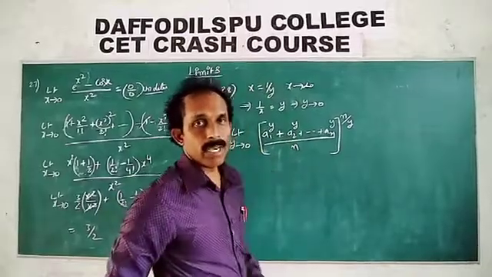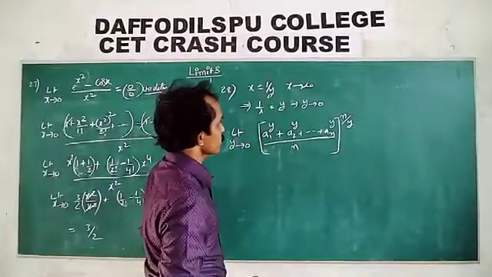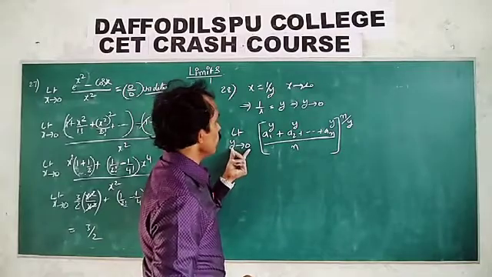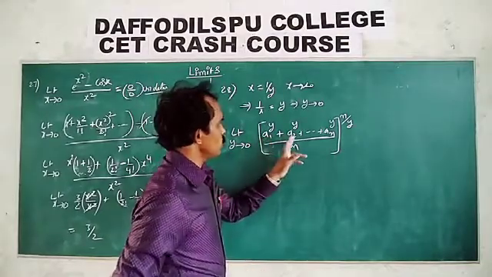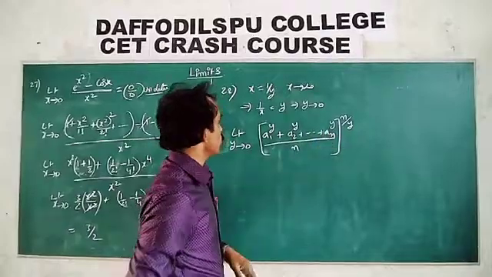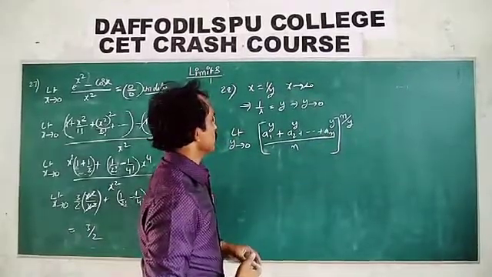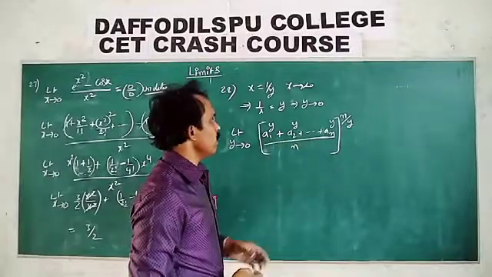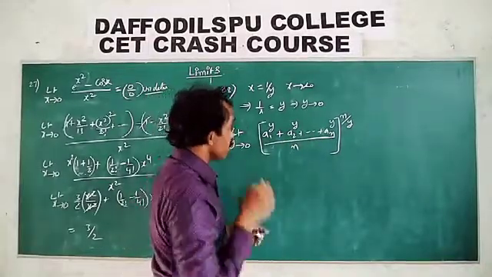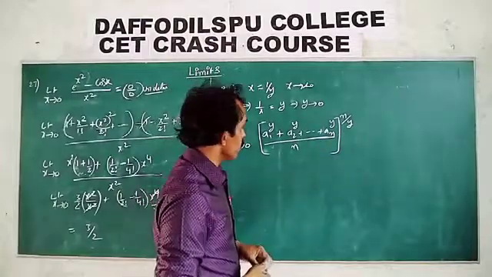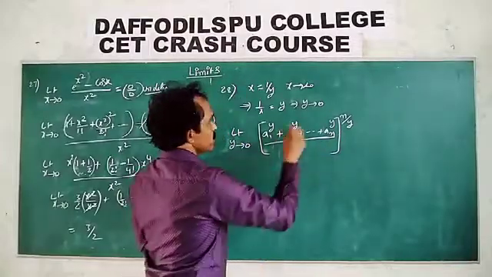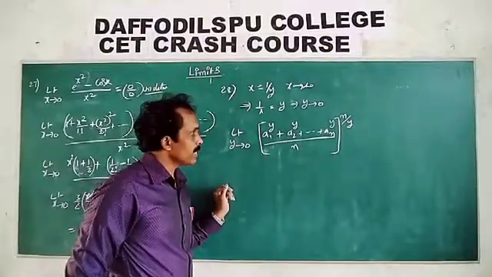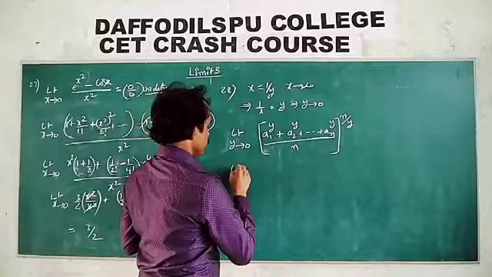At y value 0, it is 1 plus 1 plus 1 and so on, which is some value, and the power n by y means n by 0, which is infinity.